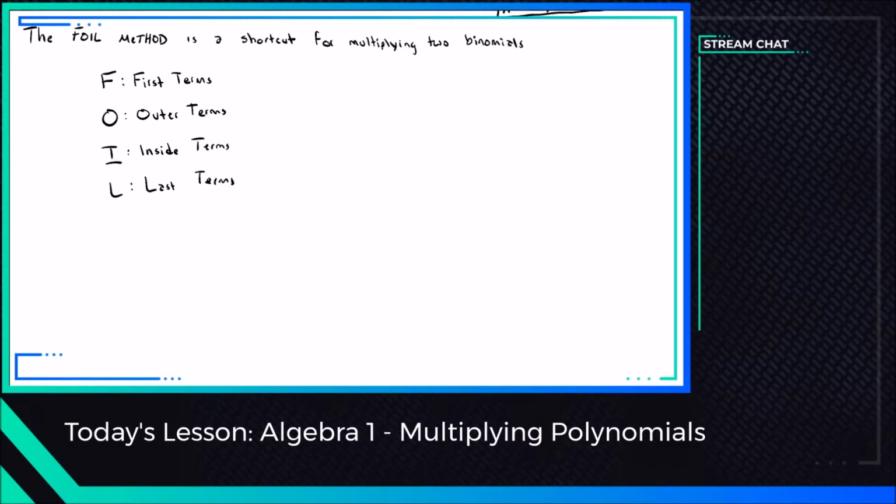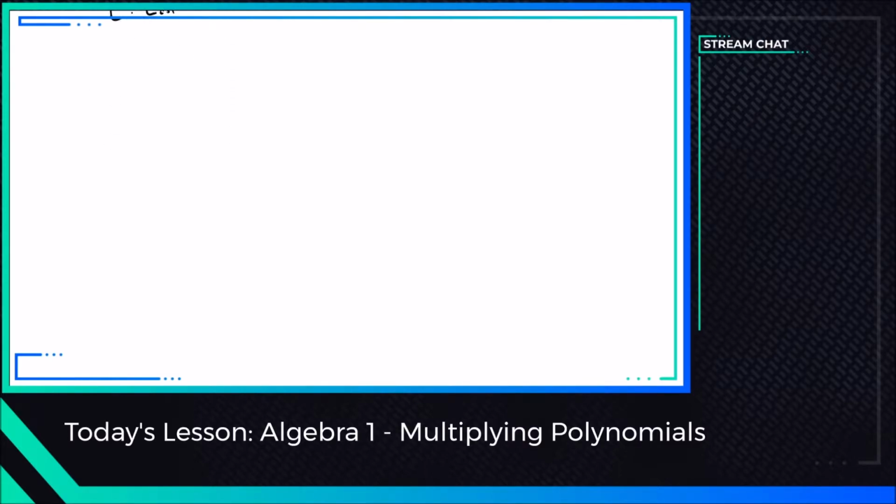And so now we're going to use FOIL on a multiplication. So let's use FOIL for x plus 1 multiplied by x plus 2.